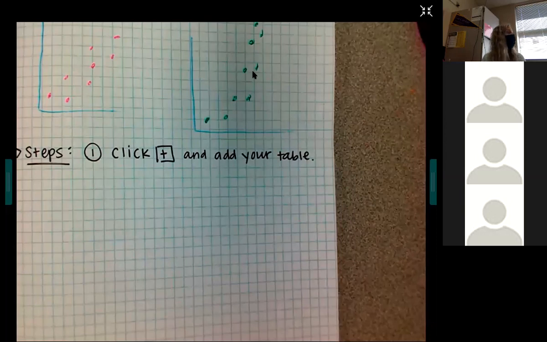Once you put the X's and Y's in your table, do I need to write that part this time? I feel like y'all know once we add the table, you got to go put the numbers into the table, right? I don't feel like I need to write that. Okay, I didn't think so. I just wanted to make sure. So after you put your numbers in the table, look at that purple step by Sean. You click the little magnifying glass and it'll take you to all the points, right?